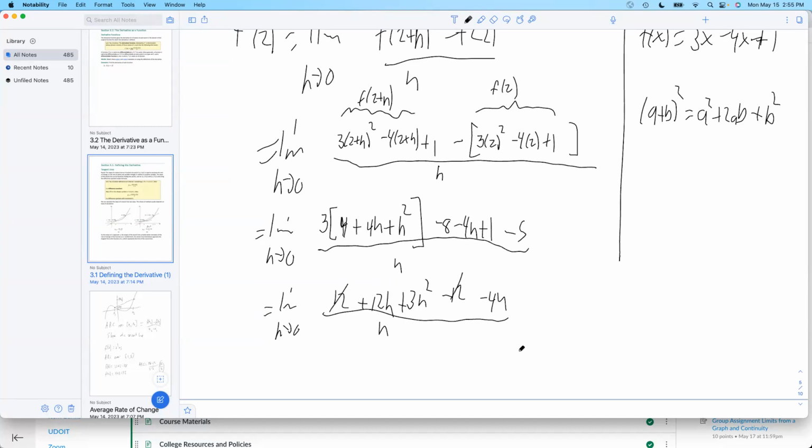In fact, I could combine these together. I would like to keep this going. It looks better if all your limits are lined up, but yeah, maybe I can squish it in here. Limit as h approaches 0, we've got 3h squared plus 8h over h.